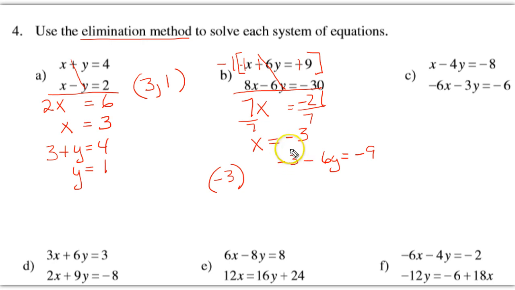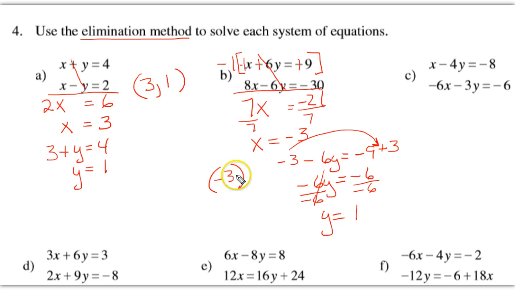And I'm going to transpose that to the other side, where I get negative 6y equals, on this side this became a positive 3, so this was a negative 6, and now I divide both sides by a negative 6. Here these cancel out, and I get a positive y equals 1. So I had my x value there.